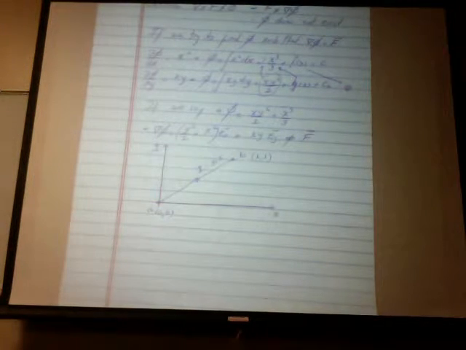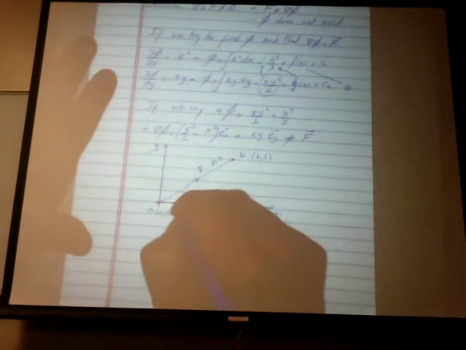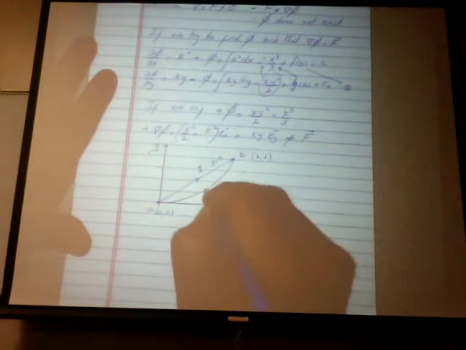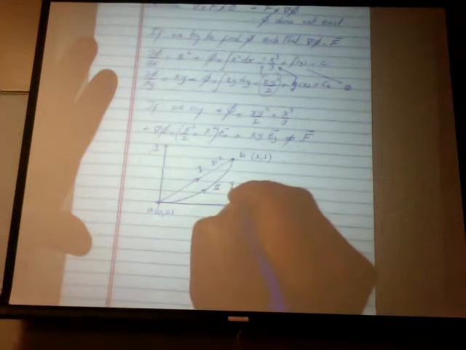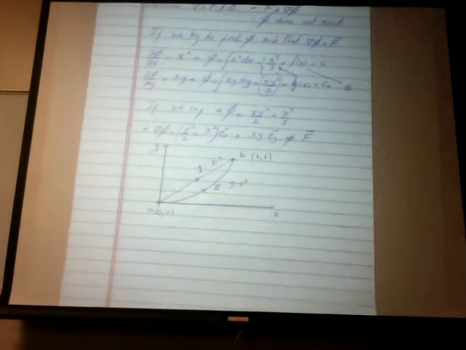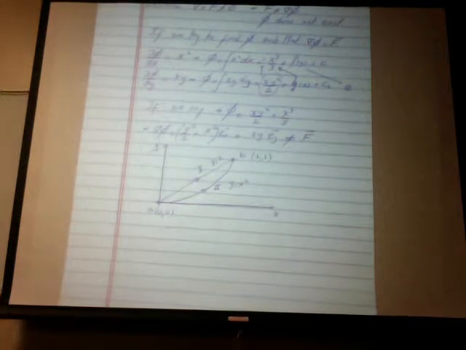And another choice would be to take another path. For example, if I want to go like this, path 2, y equals x squared. Okay? Both will take you from point 0, 0 to point 1, 1.